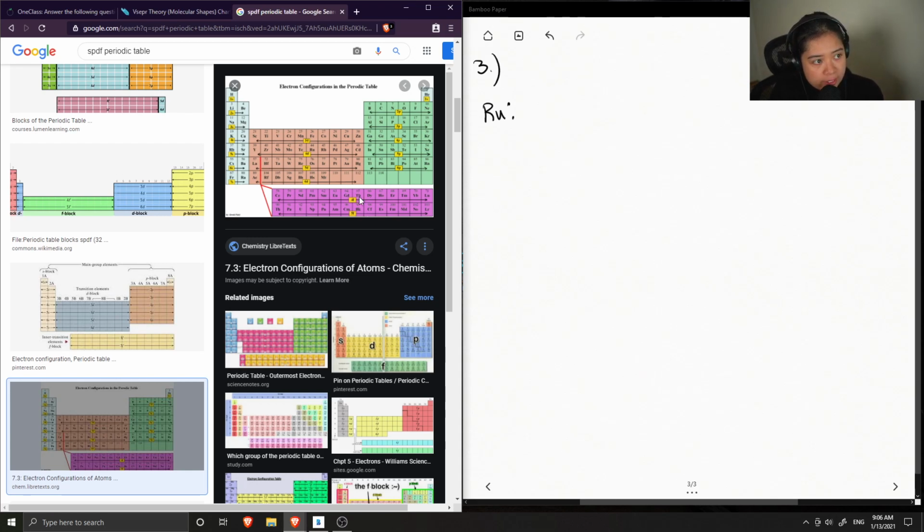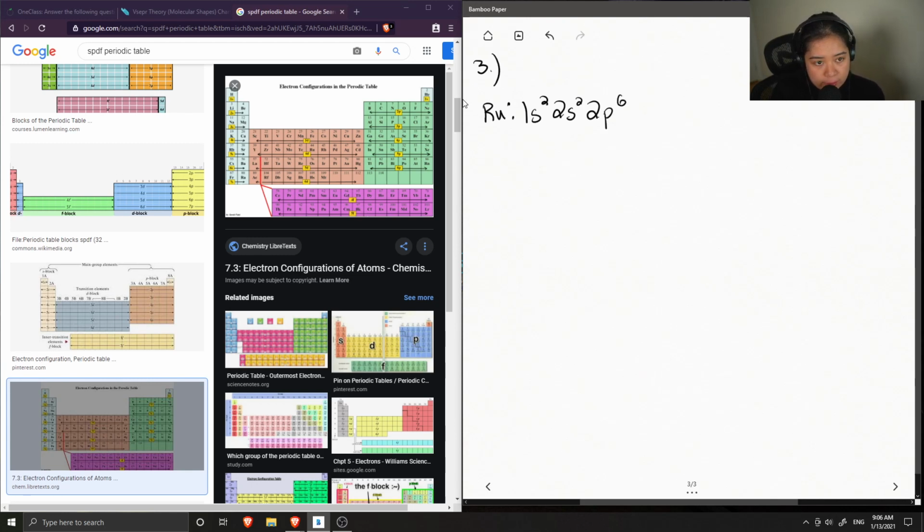So starting from hydrogen, we write 1s2, and then to the next row it is 2s2, and then moving over to the P block is 2p6, and then continuing on we have 3s2, 3p6, and then once we get to the 4th row, the D block has a lower energy than our S block.